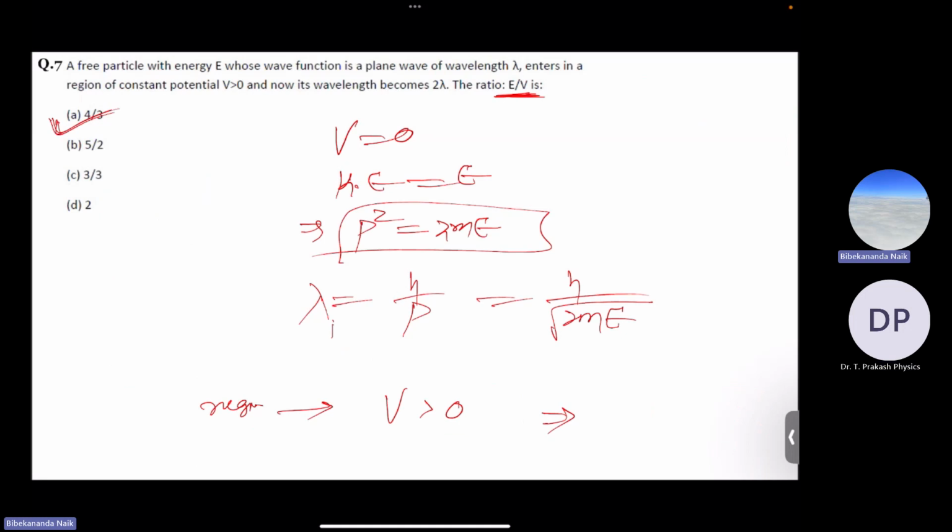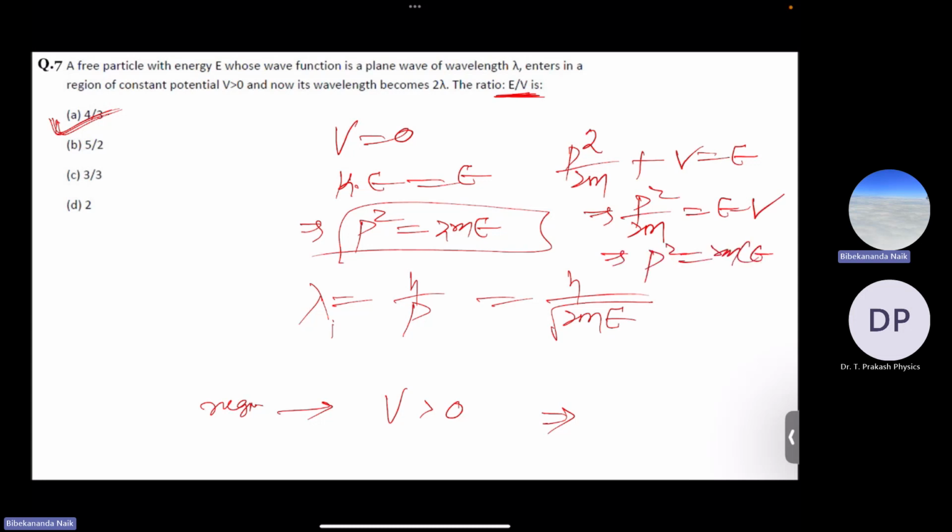Yes, sir. So initially when the particle was free, the relationship between energy and momentum is P square by 2m equals E. But when there is potential, then P square by 2m plus V equals E. So P square by 2m equals E minus V, and P square equals 2m(E minus V).